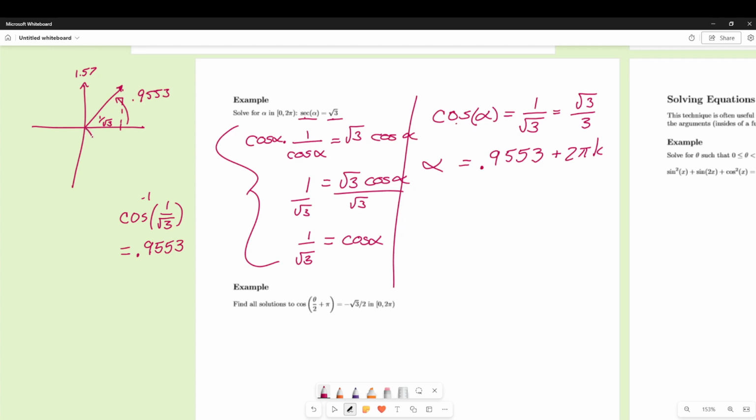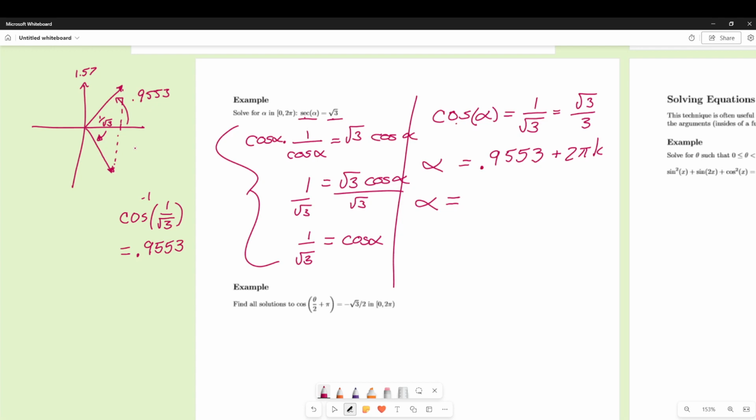That's the whole point of finding the inverse. But clearly there's going to be another angle down here in quadrant 4 that's also going to have a cosine value that's positive, because again cosine's positive in quadrant 4. That's also going to give us a 1 over the square root of 3. And we need to figure out what that angle is, because that will form our second set of solutions. And we can do that in one of 2 ways. One, we can say, well, we know it has to have the same reference angle as the first one.